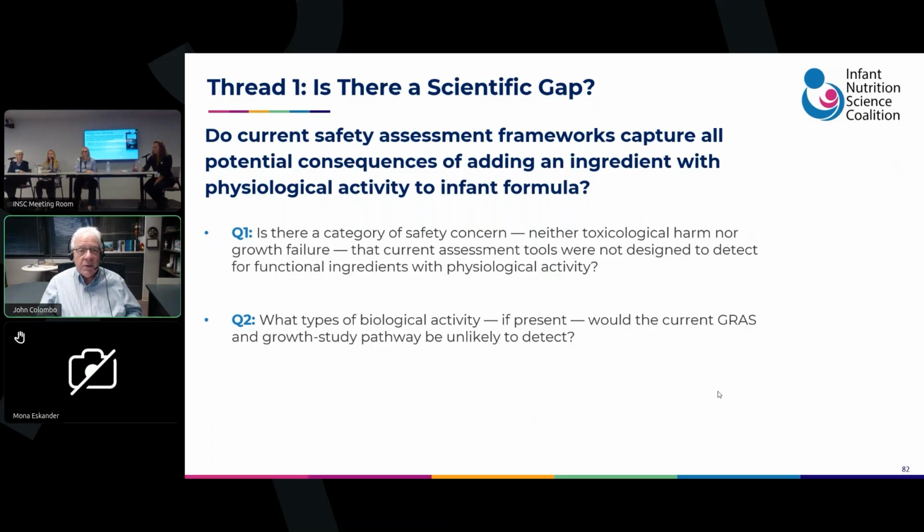Someone yesterday said we have great tools. I would disagree, and that's another problem that we have. But if we find, for example, a developmental delay on a Bayley or on a Mullen or something like that, that would be a clear indicator of a safety problem.